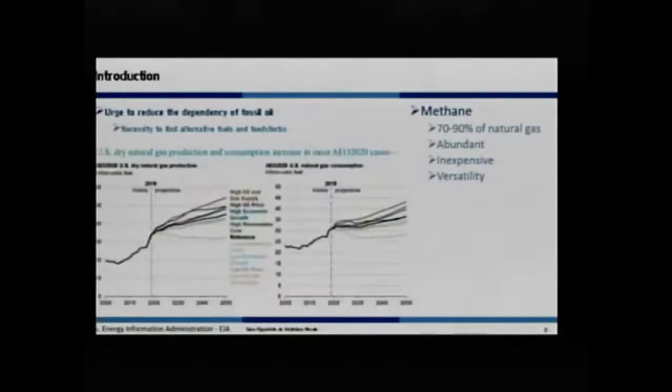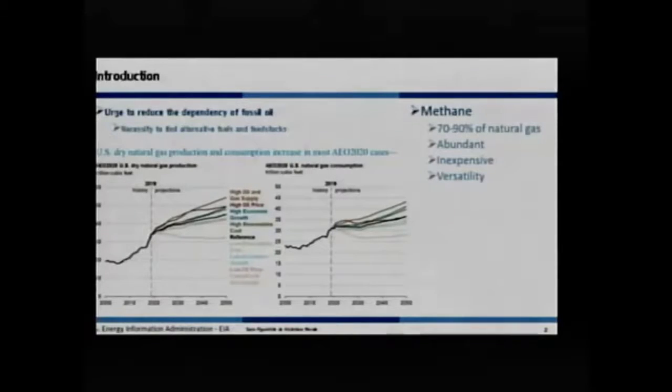As we know, there is a necessity to find alternative fuels and chemical feedstocks, and methane is a great alternative because it is abundant, inexpensive, and has great versatility for applications as a feedstock.